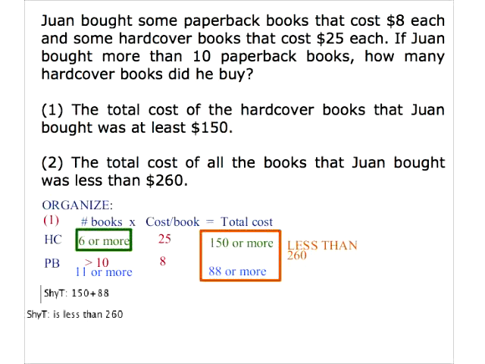Does anybody have a response to that? Okay, Shy T, you might want to check your arithmetic again, because 175 plus 88 is not less than 260.